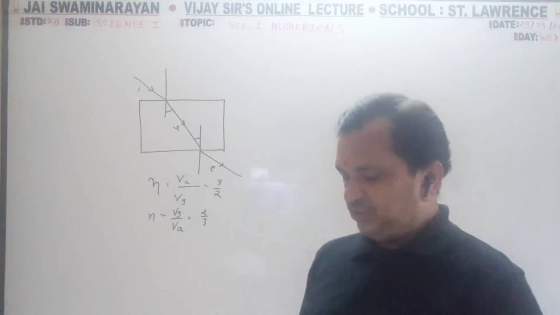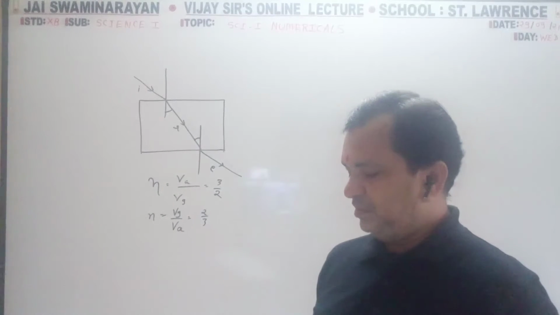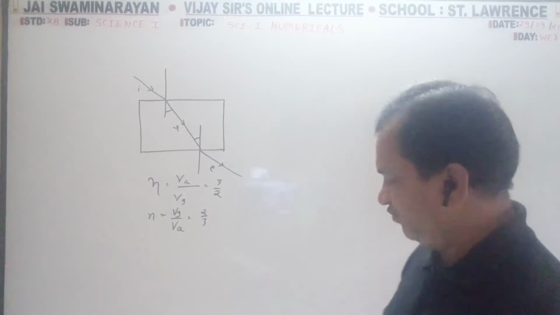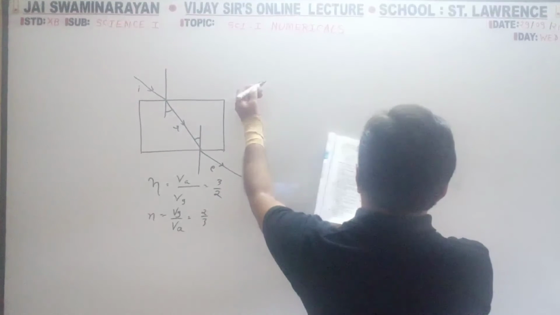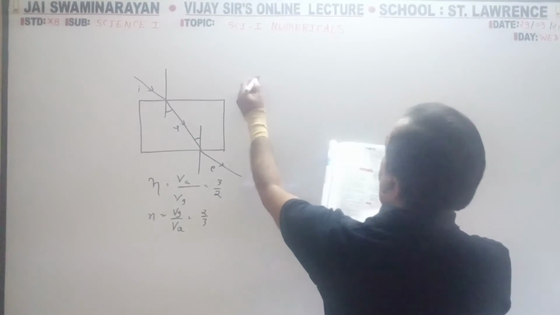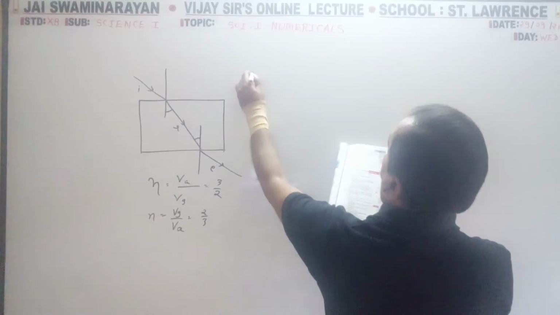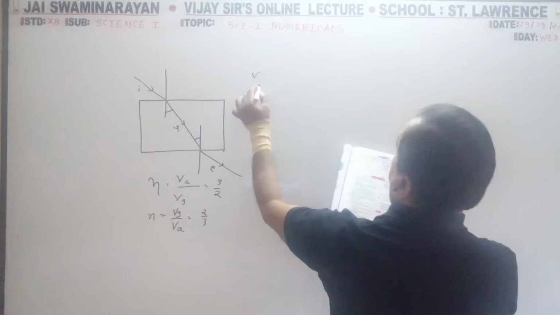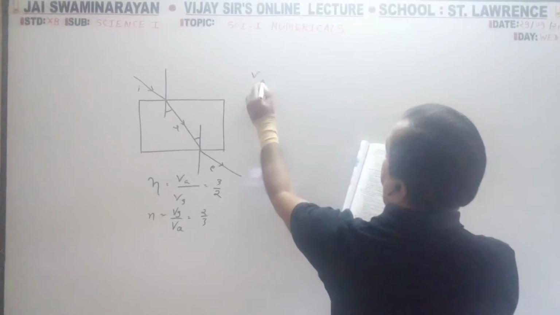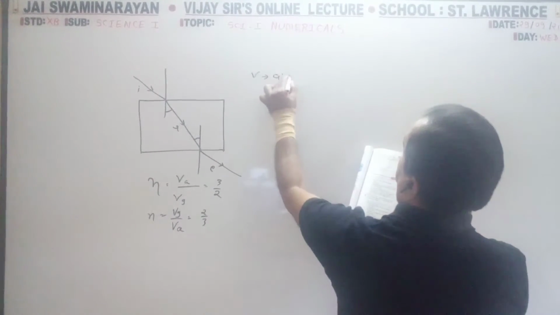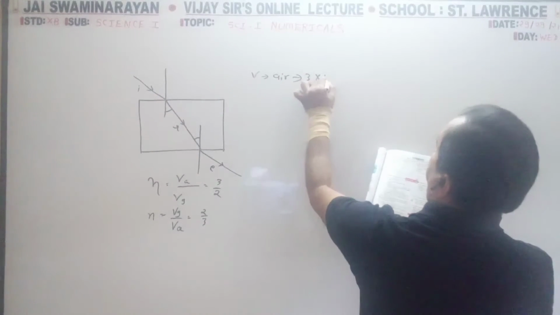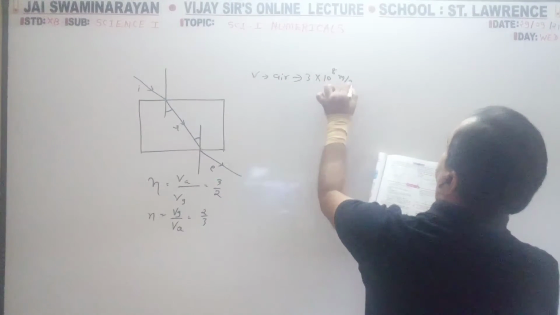Now, the speed of light in the medium is 1.5. So we can say the speed in air is 3 into 10 raised to 8 meter per second.